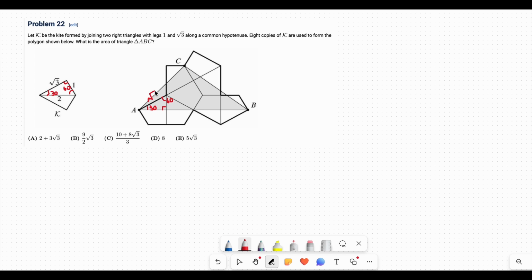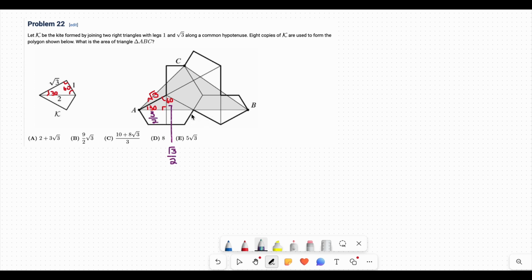Since we know this side is square root of 3, and all of these kites are the same, we can use the 30-60-90 ratios to find this is the hypotenuse divided by 2, square root of 3 over 2, and this is the other leg multiplied by 3, or 3/2, or 1.5, however you like.